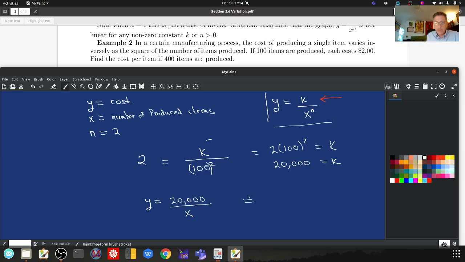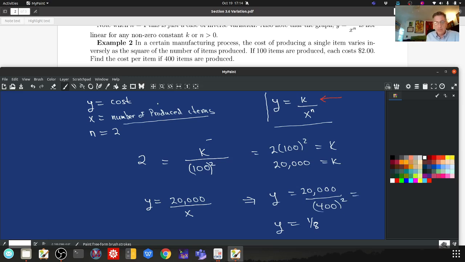So we're going to solve for y. And what's the number of produced items? 400. So in this case, our y is equal to 20,000 over 400 squared.